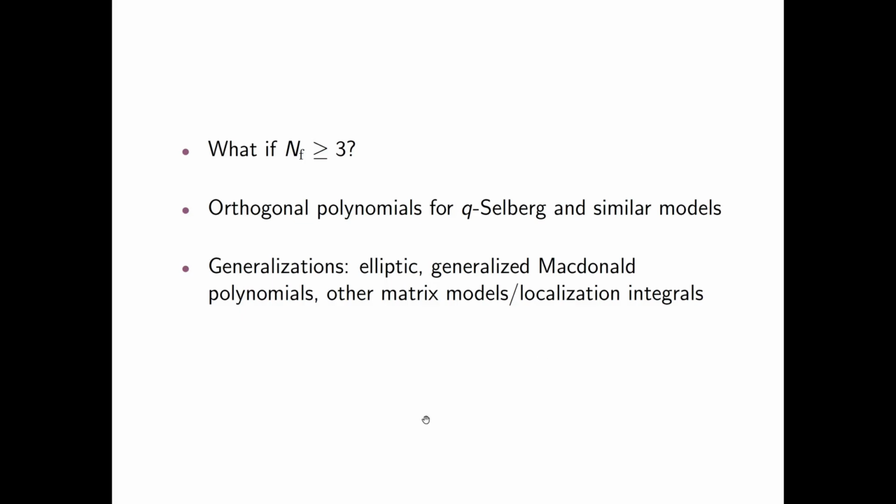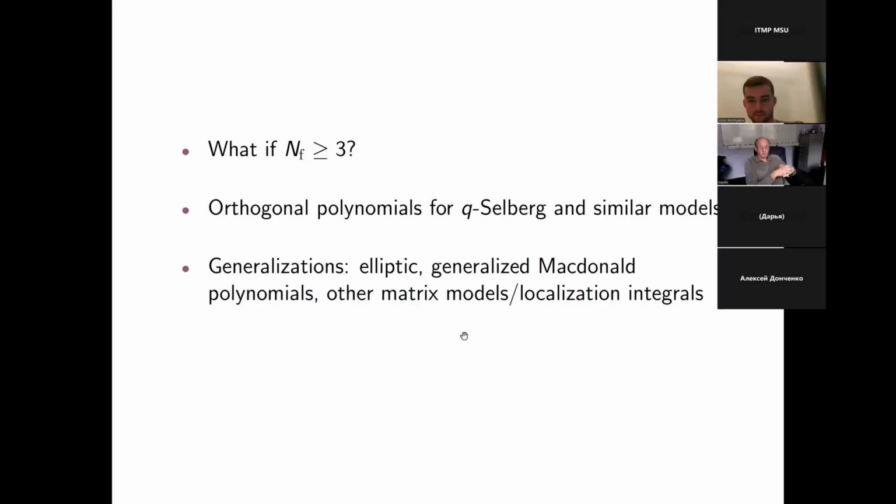I have a question which is not directly related, but which of the techniques which you described may be useful for a matrix model related to N equals 2 four-dimensional theories? For example, N equals 2 supersymmetric theories. They have potentials which are quite non-trivial, which follow from localization, the matrix model.